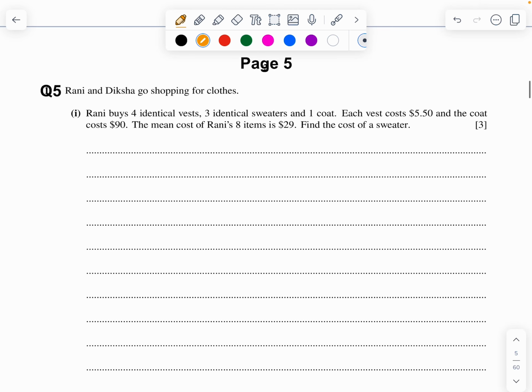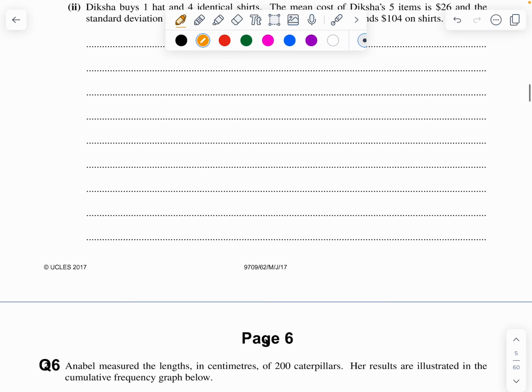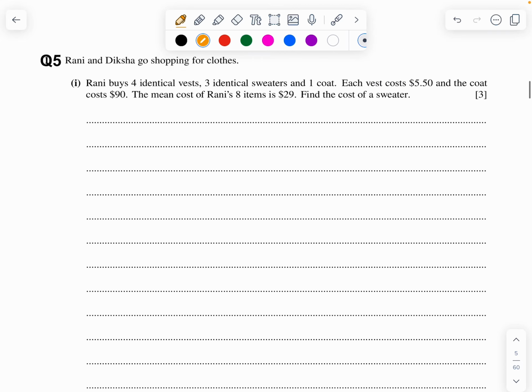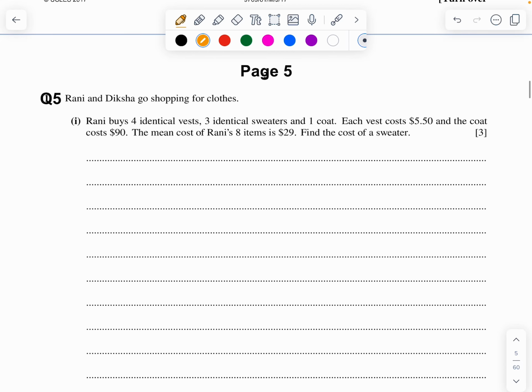Next question is from paper 62, May June 2017. Rani and Diksha go shopping for clothes.